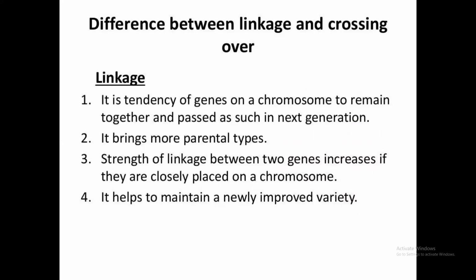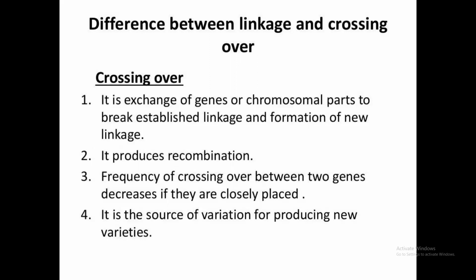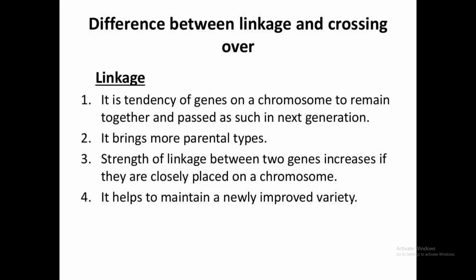So what is the difference you understood between linkage and crossing over? Anybody? Linkage means the genes always stay together, they tend to stay together. Crossing over is a process of recombination where the genetic segments can be exchanged. So this is about linkage and crossing over.